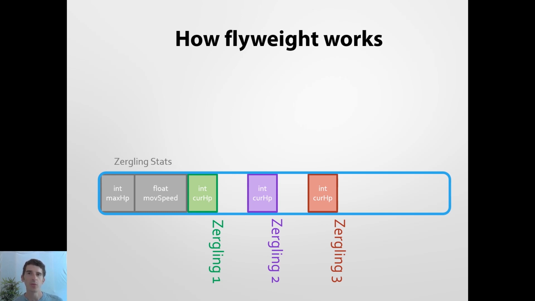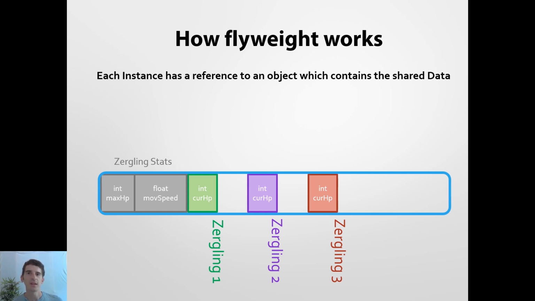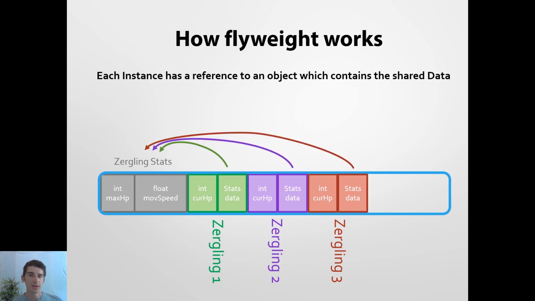How flyweight works is that each instance has a reference to an object which contains the shared data. If you look at the circling one here, it needs to have an instance variable which refers to the circling stat object, which is only stored once in memory. And each instance of circling needs to have this reference.